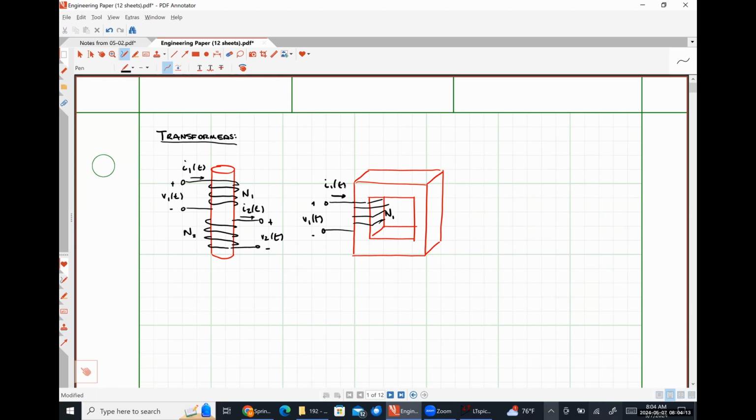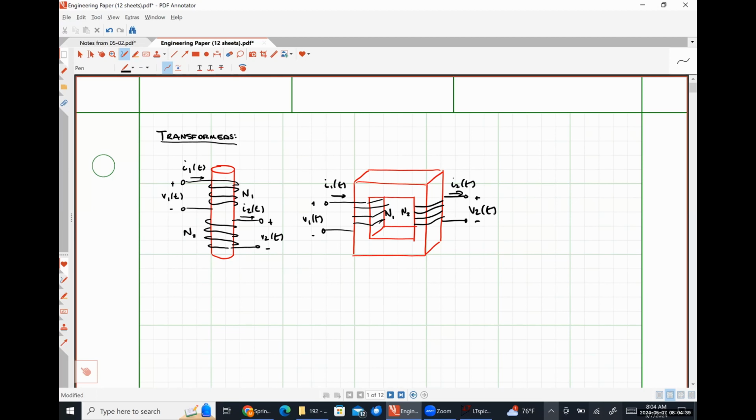And similarly, I might have a coil on this leg of the structure. We'll call that N2 turns, current I2 flowing out. Here's my voltage V2.